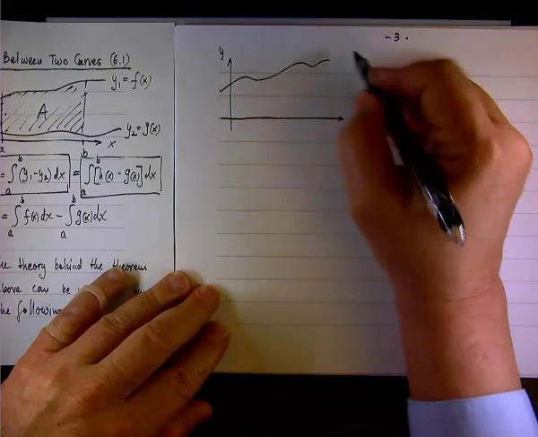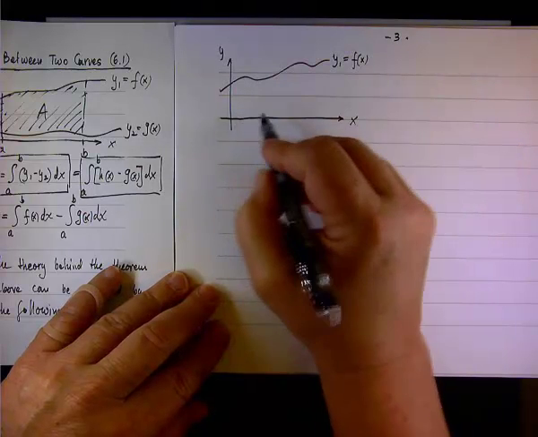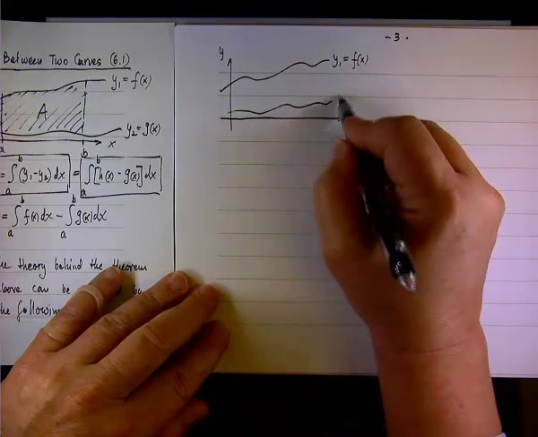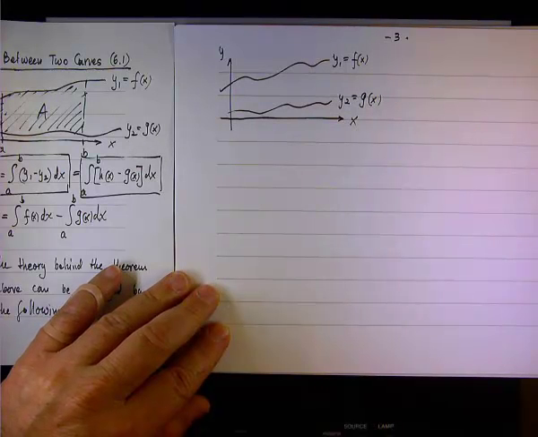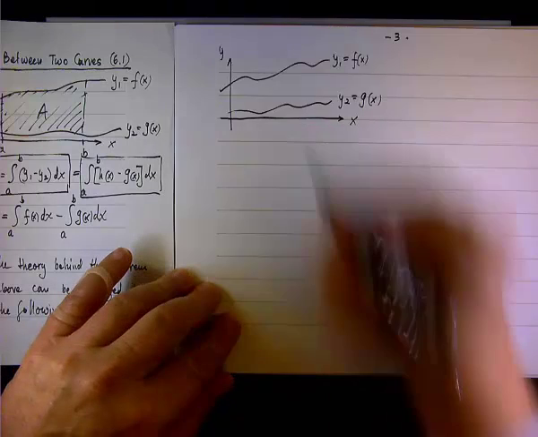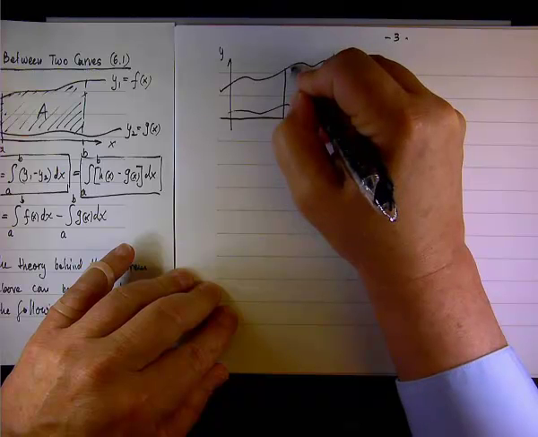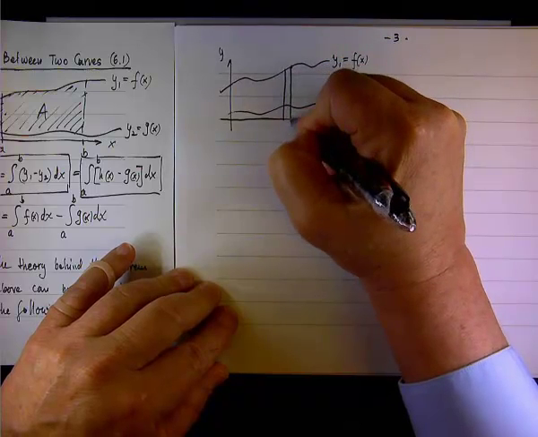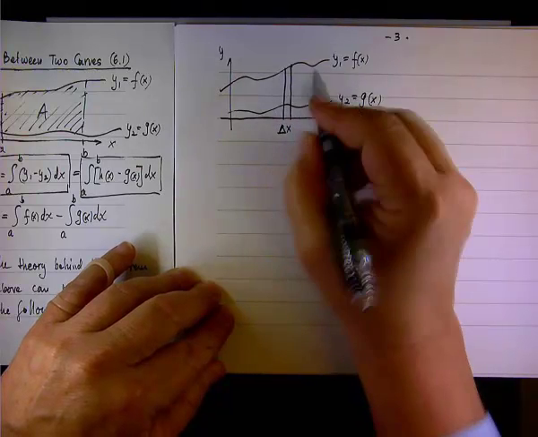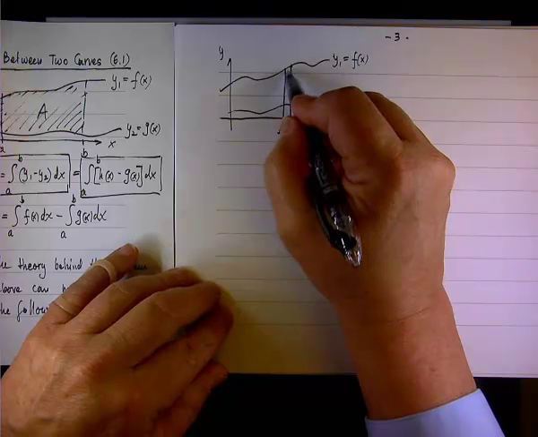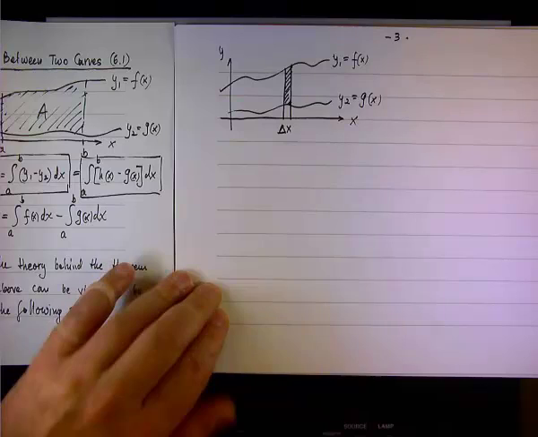So here you have some graph which is y1 equal f of x. And here we have another one, which will be y2 equal g of x. Okay? If I pick up a very narrow subinterval, I'll call it delta x, like so, and I'm looking at this slice of area.